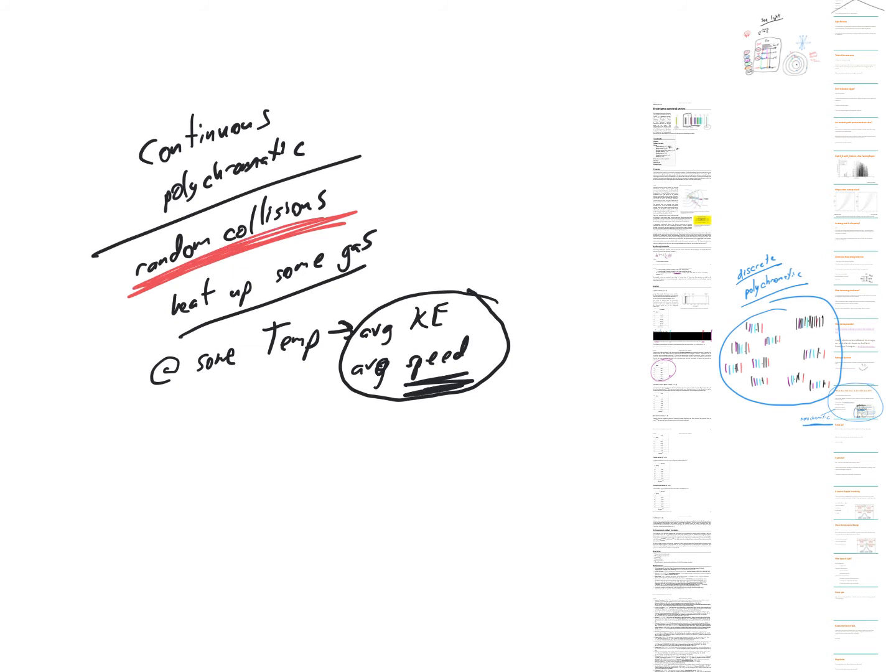Now, they could collide perfectly and not emit any energy. That'd be your elastic collisions. They could hit and combine. That'd be your inelastic collision. Or they could just deflect off of each other. And if they deflect off of each other, they're going to lose some energy. So each of these random collisions is going to end up in a loss of energy.